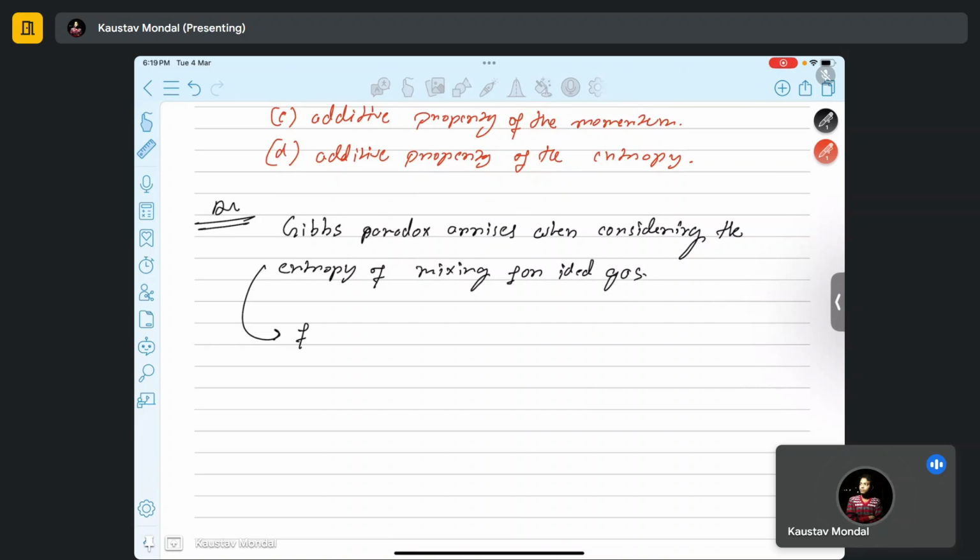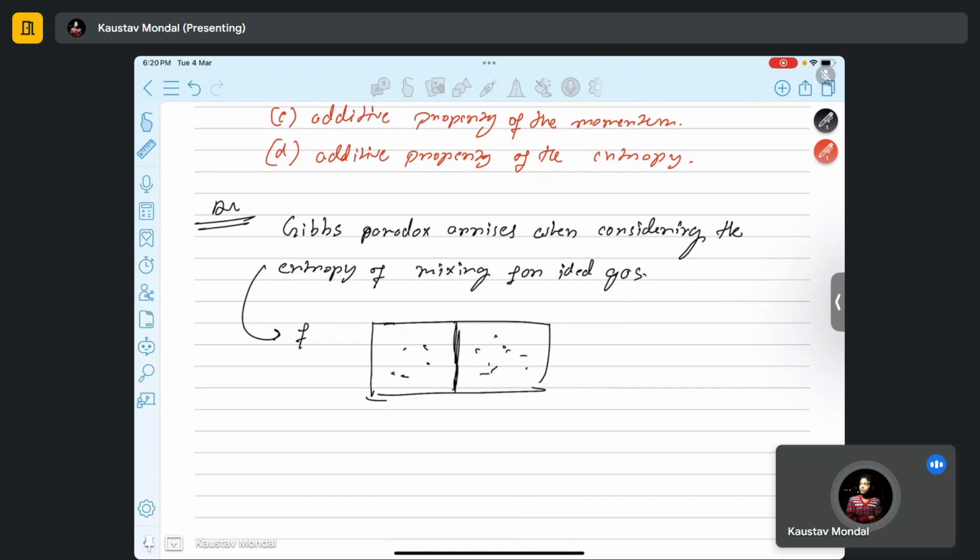Why? Because when you mix two identical gases, let's suppose the same identical gas is on this side and this side, and there is a clear partition between the two identical gases.